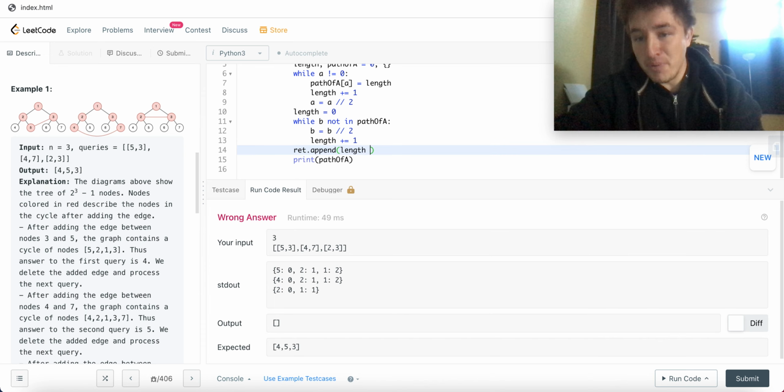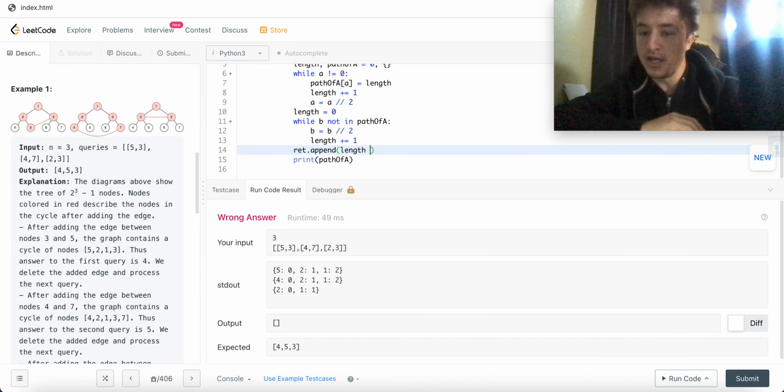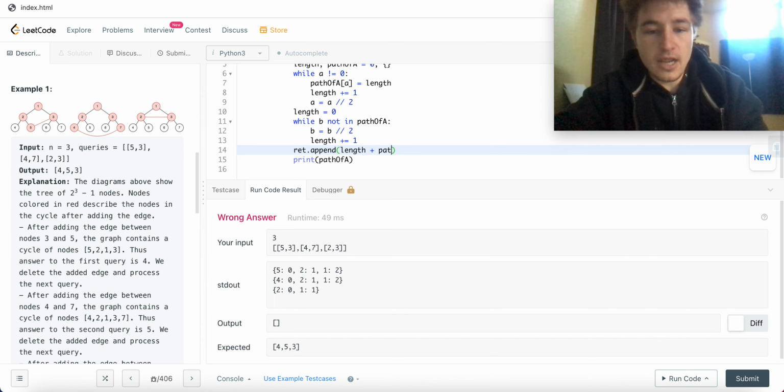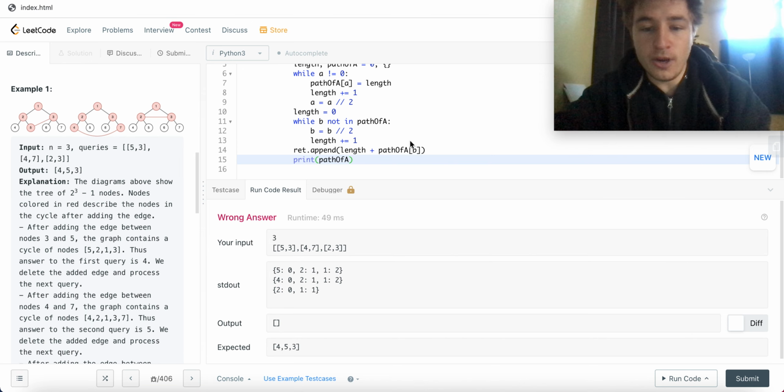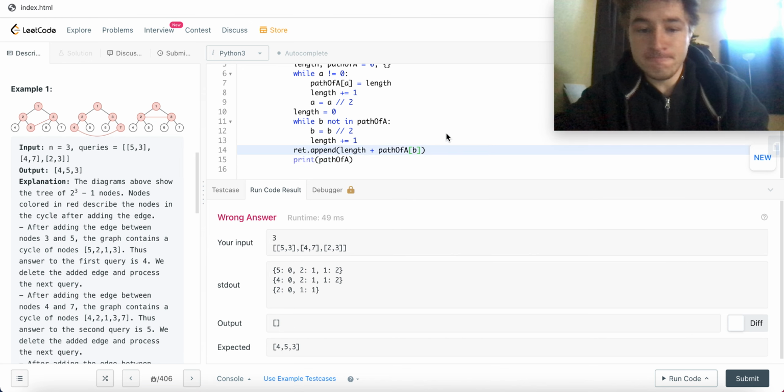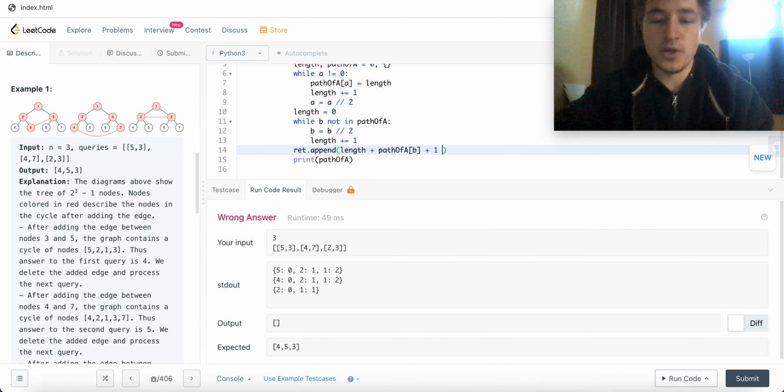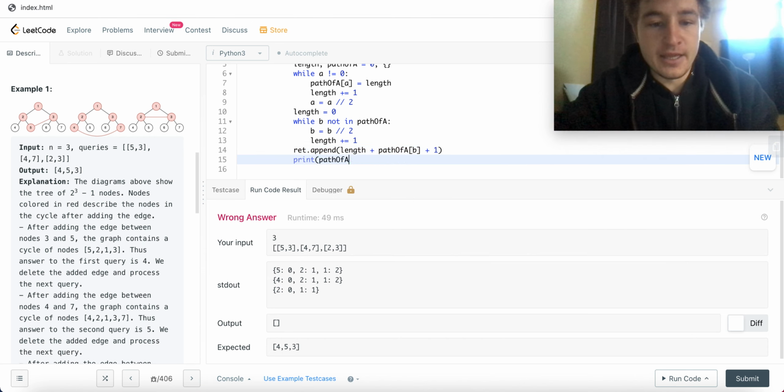That's how long it took B to get to the intersection point between A and B. And then path of A at B. That'll be how long it took A to get to this intersection point. And then we'll add 1 because that's the length of the additional edge between them. Okay. And then at the end, we'll just return.